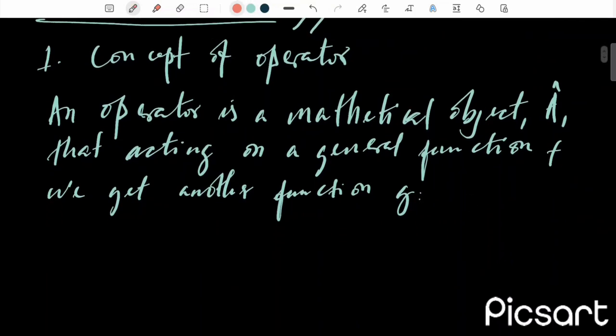Mathematically, we can write: operator A acting on a function f, we get a function g.